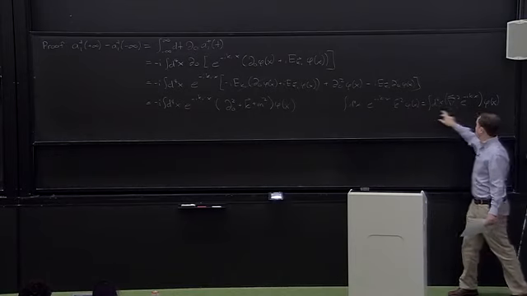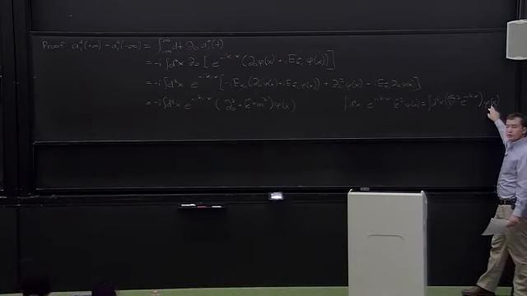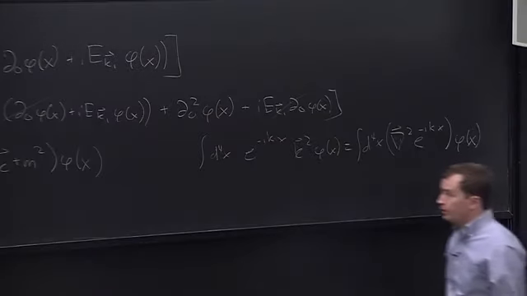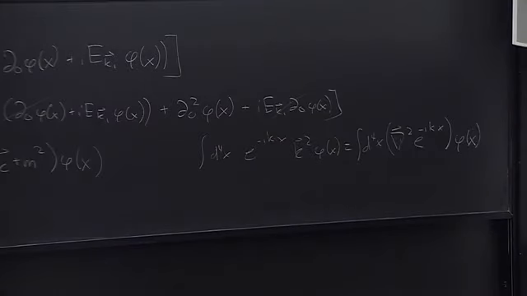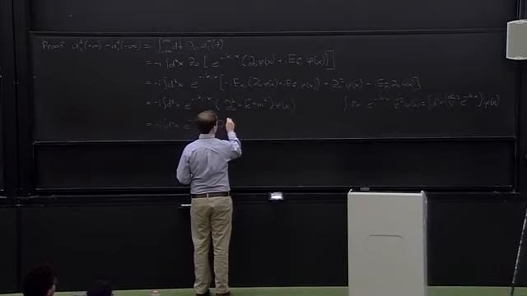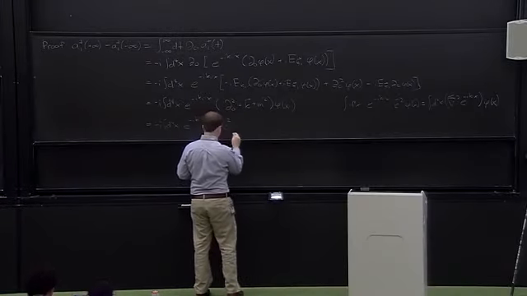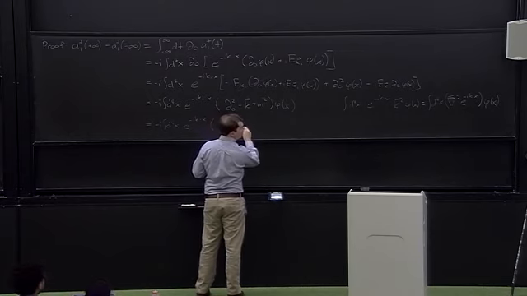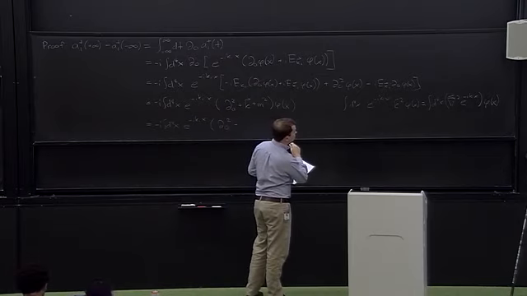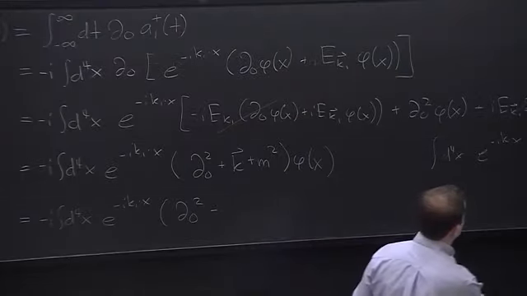And then for this term, we can integrate by parts twice and assume our boundary terms are 0. Move this derivative from the exponential onto the field. Then we get this integral, with a minus sign here.